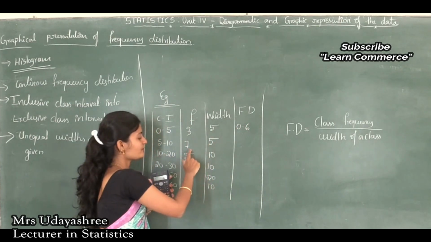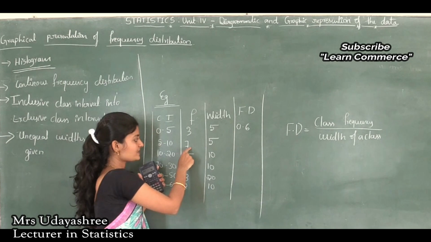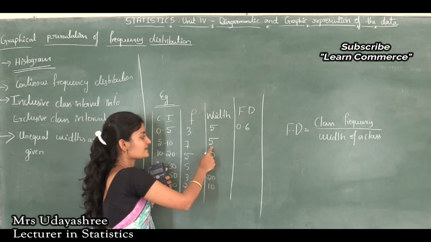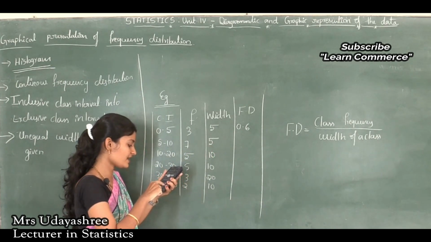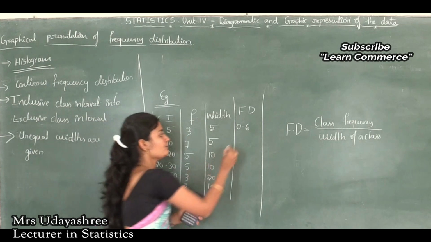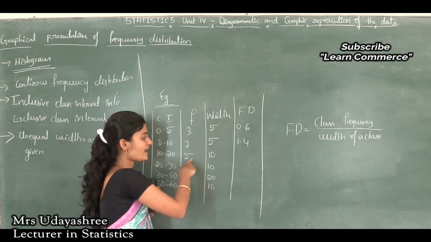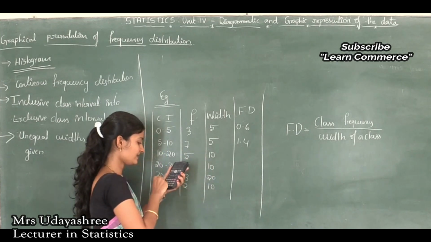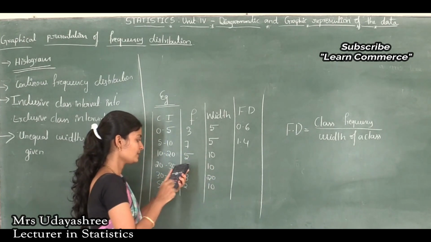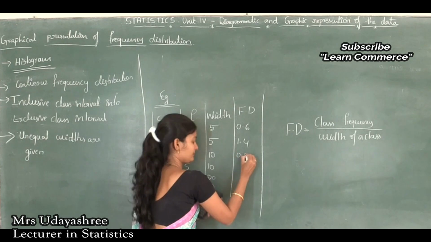Next, class frequency is 7, width of a class is 5, that is 7 divided by 5 is 1.4. Next, class frequency is 5, width of a class is 10, that is 5 divided by 10, 0.5.